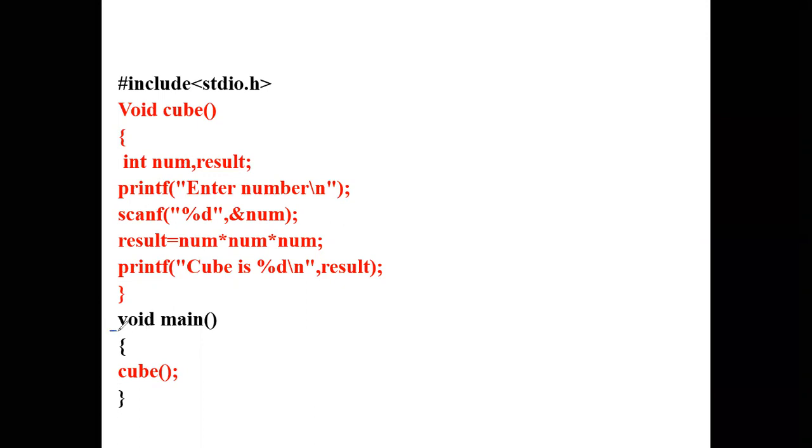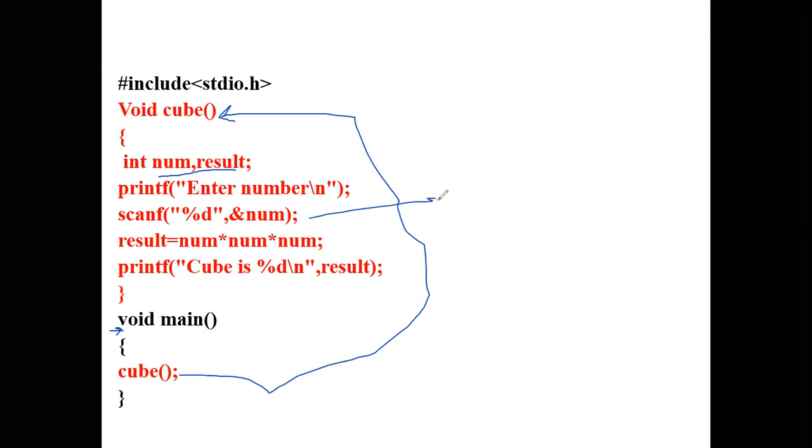We are entering the main. We are calling the function cube and we are not passing any parameter. So it will enter the function definition. Here we are declaring two variables, num and result. We are asking the user to enter num.